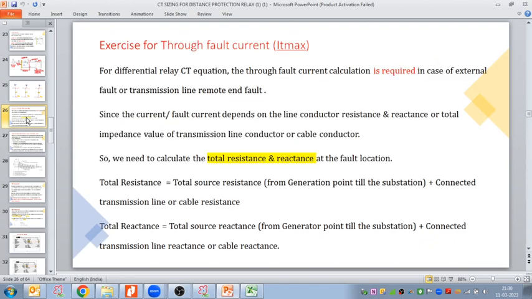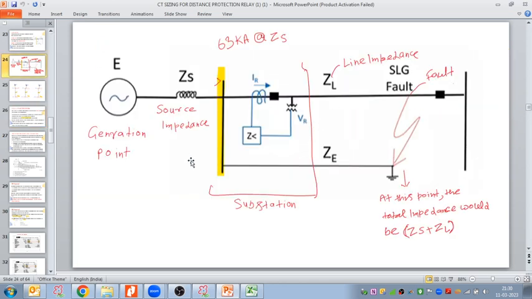Now coming to the through fault current calculation: it would be my source resistance plus my transmission line resistance, and after that we can calculate the through fault current.